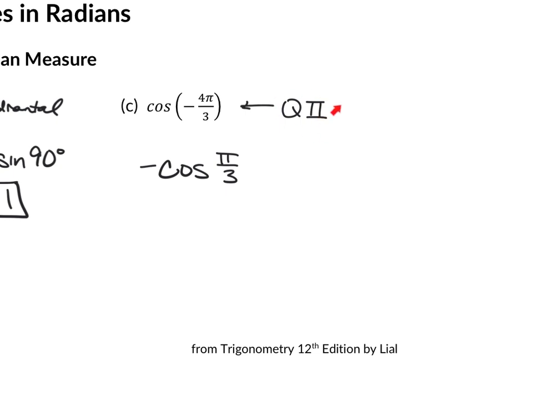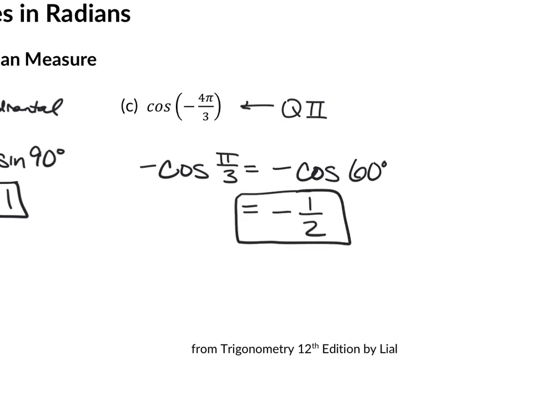Remember, in quadrant 2, cosine is negative. Again, while we're thinking in degrees, because that's what we're comfortable with right now, pi over 3 is 60 degrees. Cosine of 60 degrees is 1/2, so then we would just make it negative. And cosine of negative 4 pi over 3 is negative 1/2.